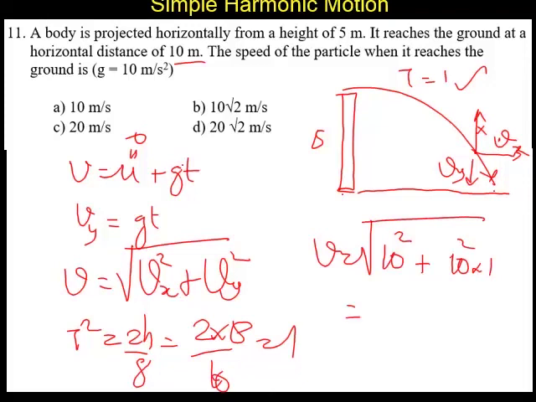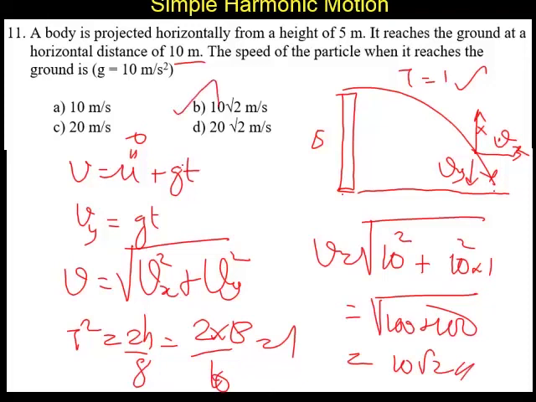So it is square root of 100 plus 100, which is 200. So 10 root 2 is the answer. So the correct answer is B. 10 root 2 meters per second is the correct answer.